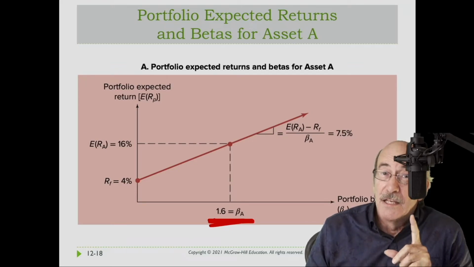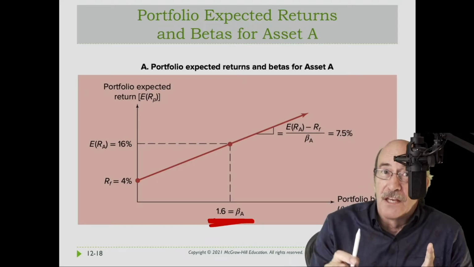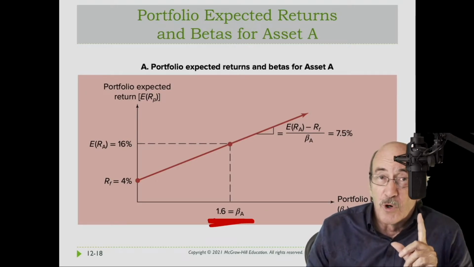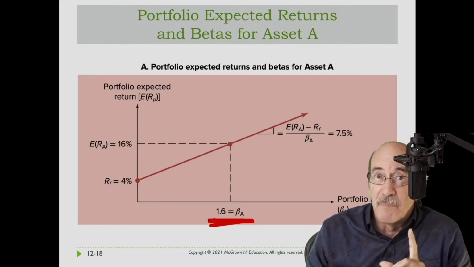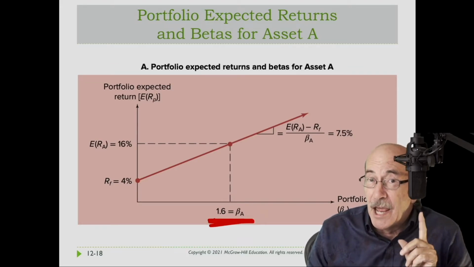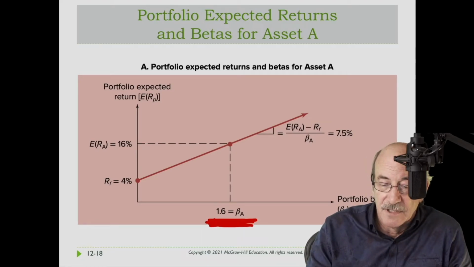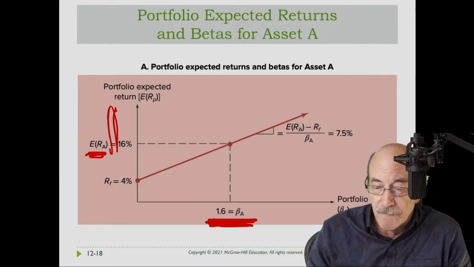That's the systematic and the unsystematic risk. Here, we're just plotting the systematic risk, just that priced risk. So we've changed that axis. This axis remains the same, so it's expected return.